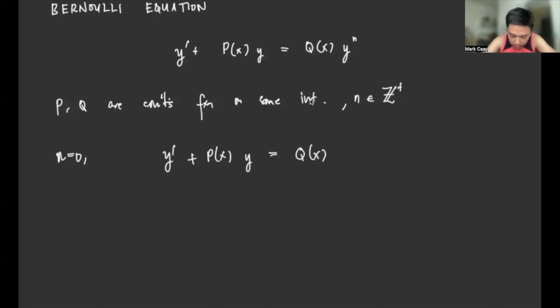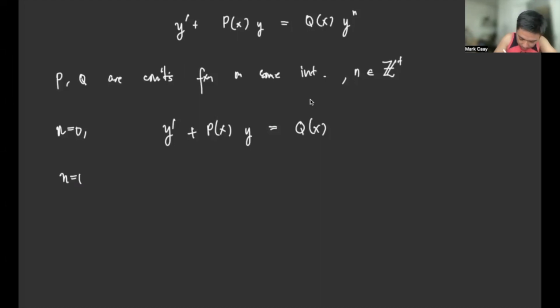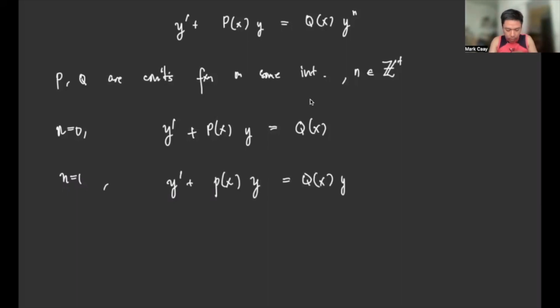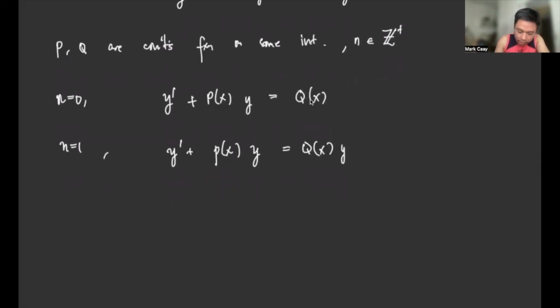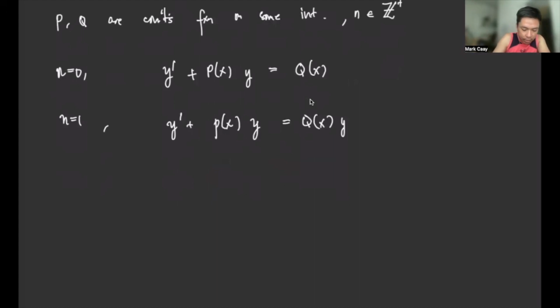This is actually a linear differential equation, and we're already done with this from the previous classes, so hindi na natin yun papansinin. Also, when n is 1, y prime plus p of x y equals q of x y. This is still a linear equation kasi pwede mo naman itong i-combine. We will consider those integers n which are greater than or equal to 2.